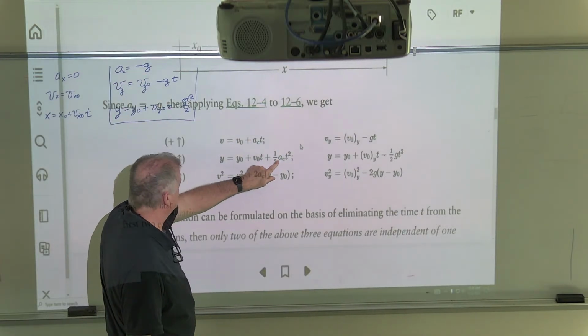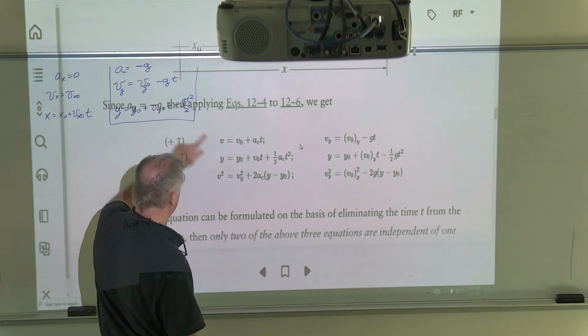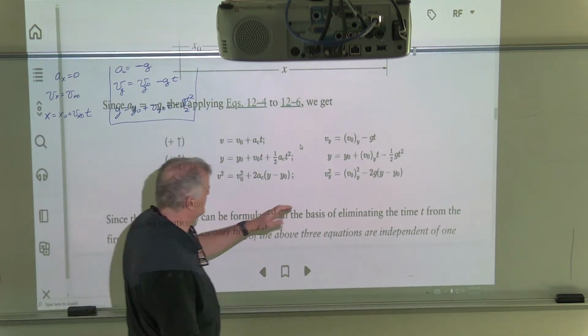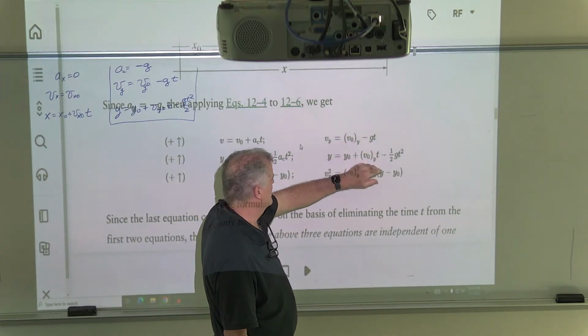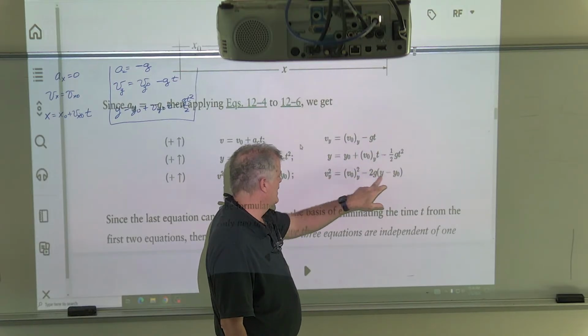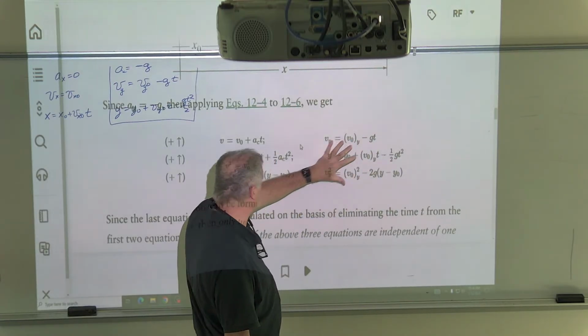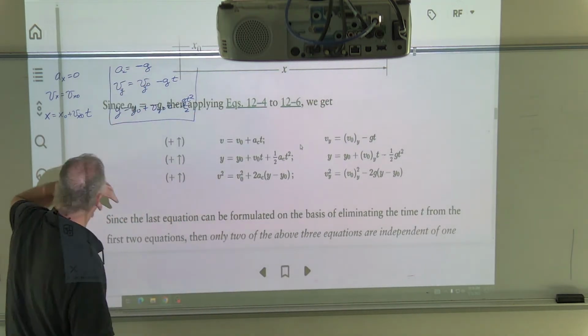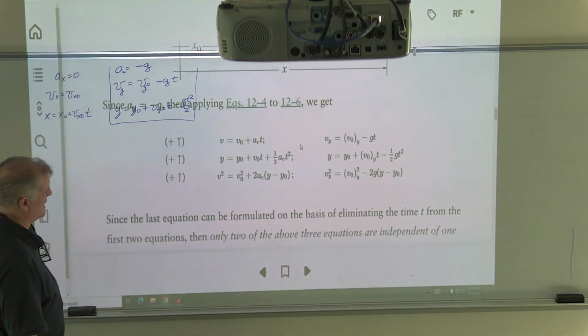It just so happens the constant acceleration becomes minus g. And somewhere down here he's got the, oh, I'm sorry, take that back. It's right here. So he puts in AC of minus g, and he gets this set. So this set of equations minus that one is the one I've got right here. Then this is the one for x.